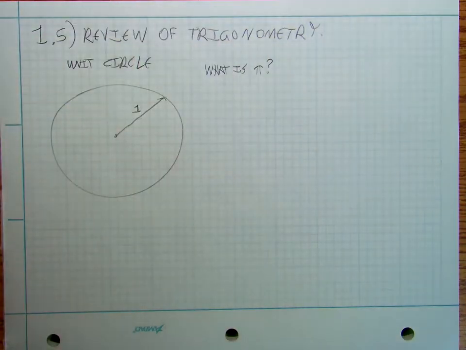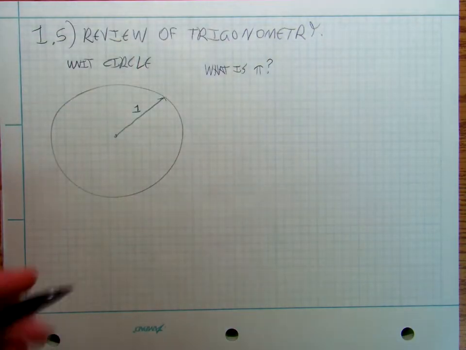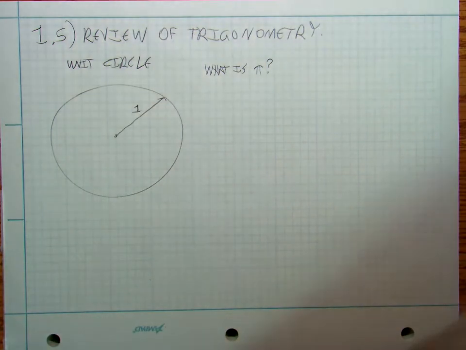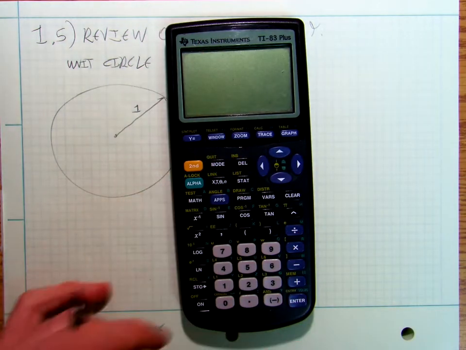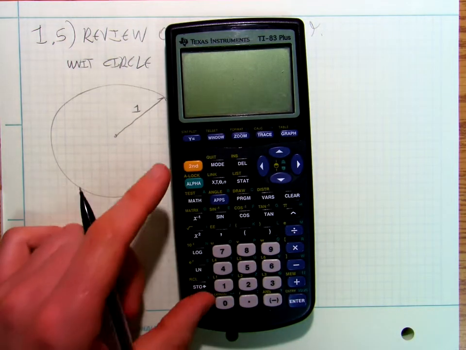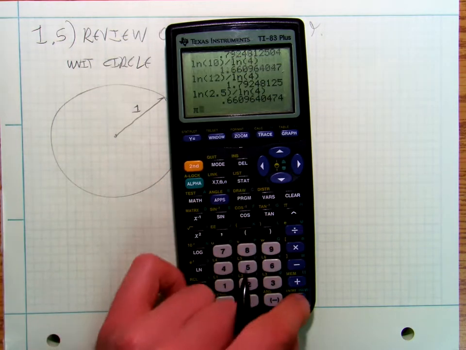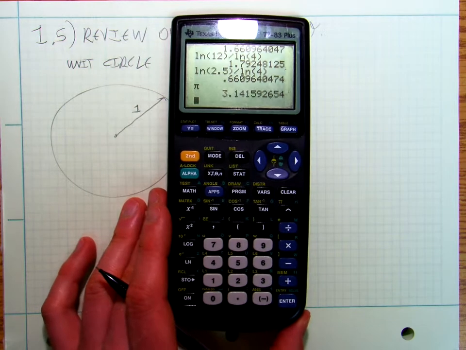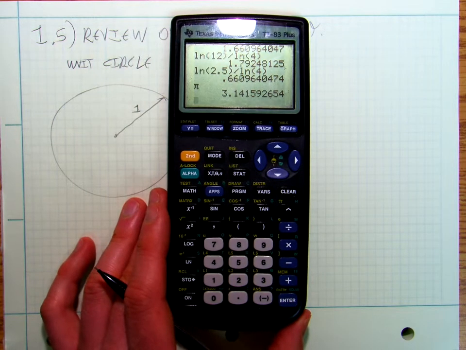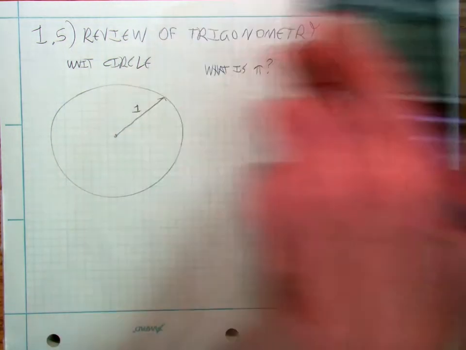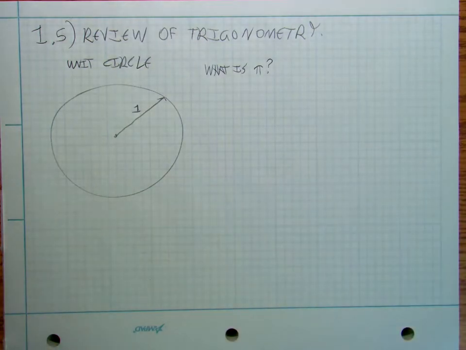Now, a lot of people say, oh, well, pi is, let's find the button. A lot of people tell you that pi is that. Well, that's not pi. That's the value for pi. But what pi really is, think about it for a second.